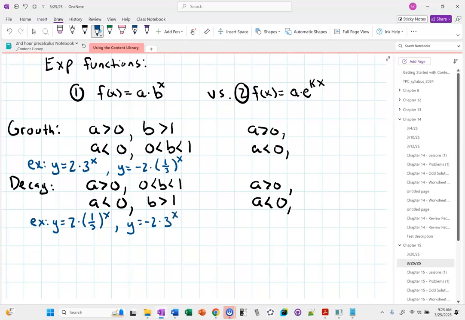So y equals 2 times 1/3 to the x is an example of decay, and y equals negative 2 times 3 to the x would be an example of decay. We feel so far so good?